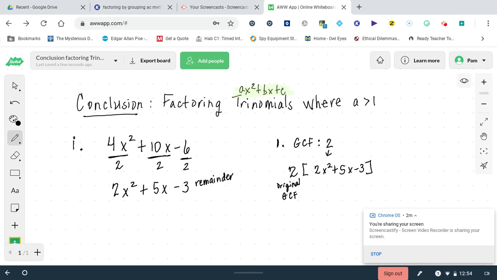Okay? All right, so what you need to do is check to see if the remainder can be factored.